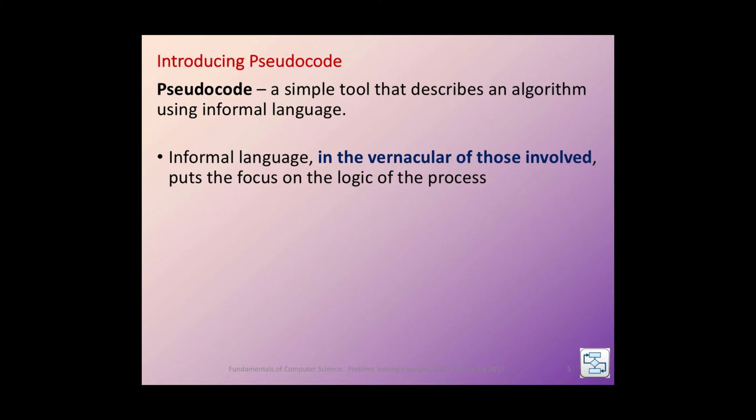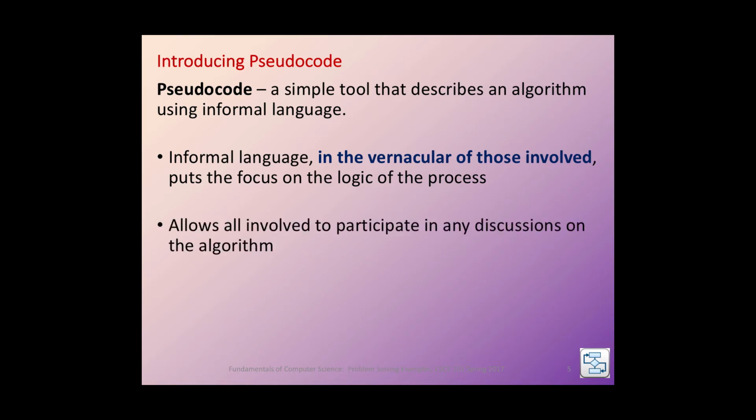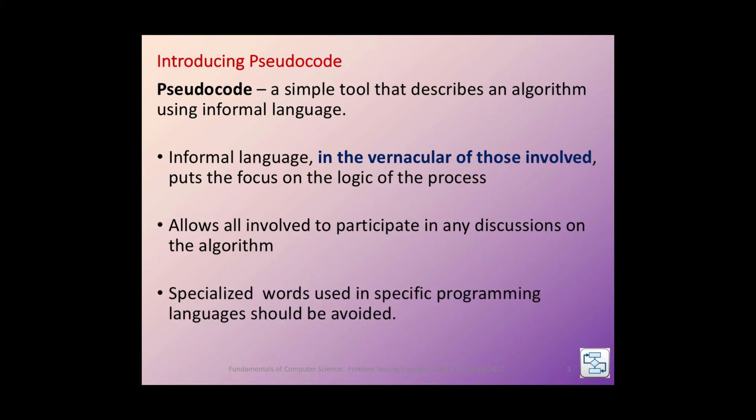And because it's informal, it puts the focus on the logic of the process and not so much on the computer science terms and the specialized words for a specific language. It allows all who are involved in the design of the algorithm to participate in the discussion on the algorithm. And this means specialized words used in specific programming languages should be avoided.